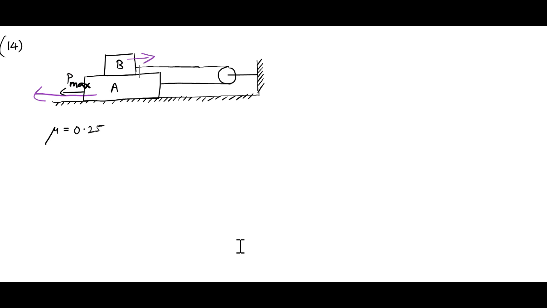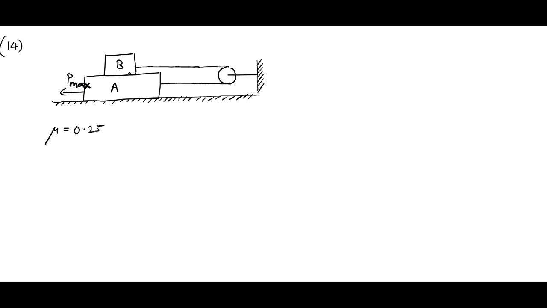Motion will not occur. It's a limiting case of static equilibrium. So as long as you continue applying this same force P max, it's the maximum force for static equilibrium, and so it reduces to a problem of static equilibrium, and in particular limiting static equilibrium.